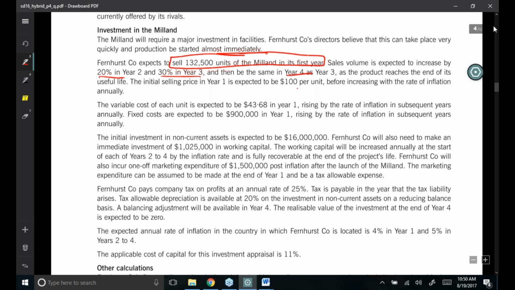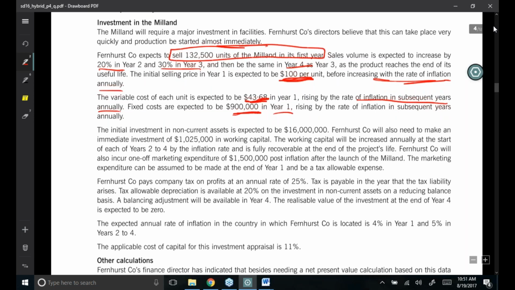Okay, initial selling price in year 1 is expected to be $100, and this will increase with the rate of inflation then afterwards. Variable cost is expected to be 43.68 in year 1, and it will increase with the given inflation rate annually. Fixed cost is expected to be 900,000 in year 1, then subsequently it will increase with the given inflation rate. It's a very simple part.